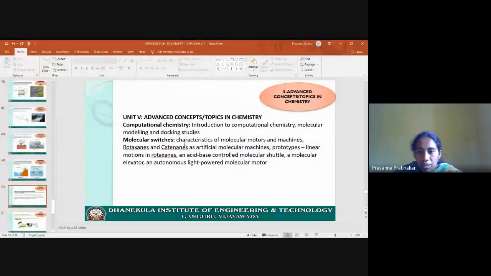Next, the last unit is advanced concepts or topics in chemistry. This is completely different from the intermediate syllabus and also from the first, second, third and fourth units.